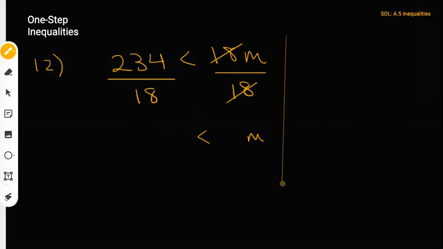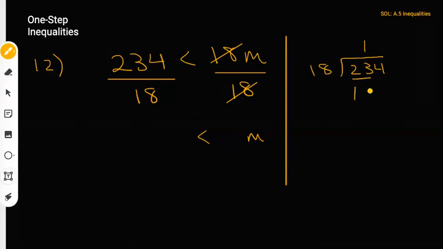So I'm going to do some quick long division. Inside the long division house, it's going to be 234, my big number. I'm dividing by 18. So I ask myself, how many times can 18 go into 23? I'm only looking at the 23 right now. 18 can go into 23 once. 1 times 18 is 18.